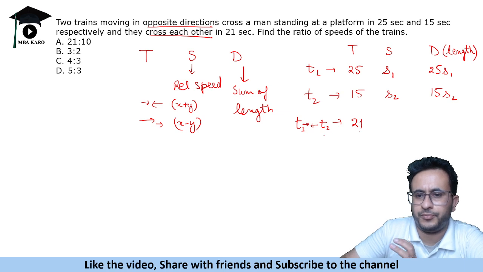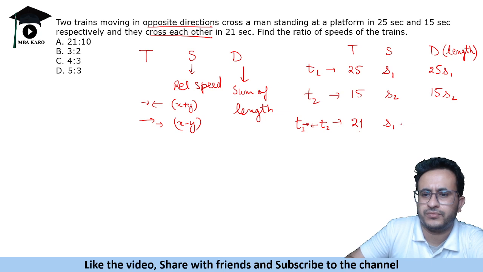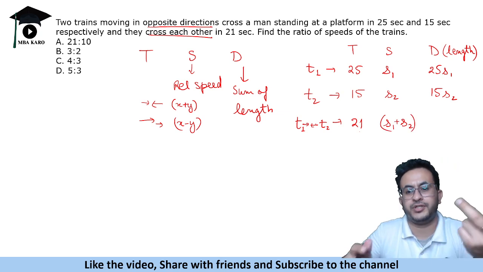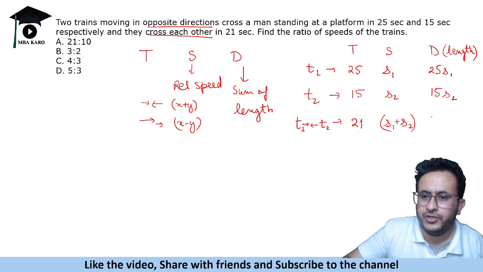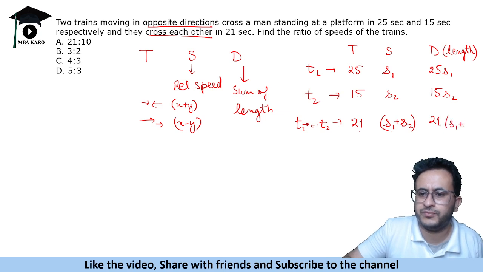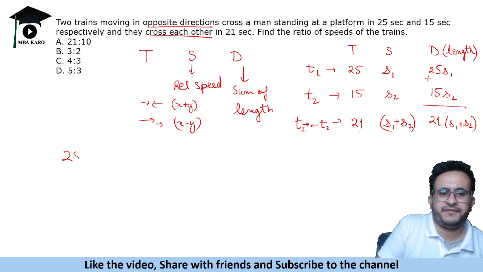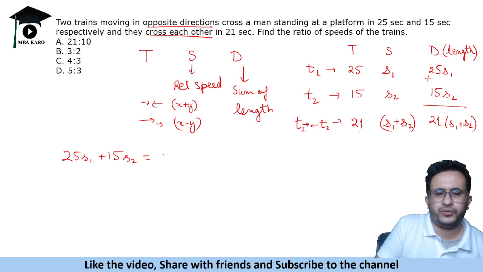If they are moving in opposite directions, the speed will be S1 plus S2, the speeds get added up. D means the sum of lengths, so 21 times (S1 plus S2). This is the length of the first train plus the length of the second train. So we get 25 S1 plus 15 S2 is equal to 21 (S1 plus S2).